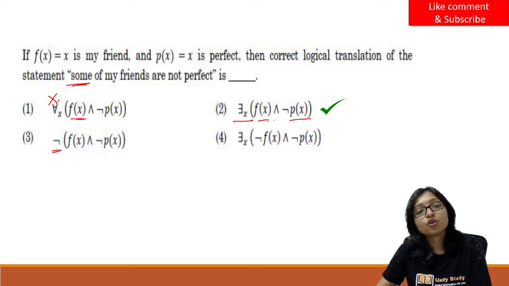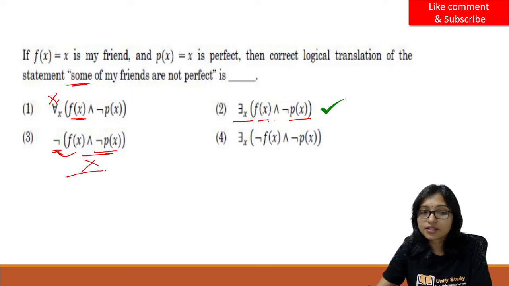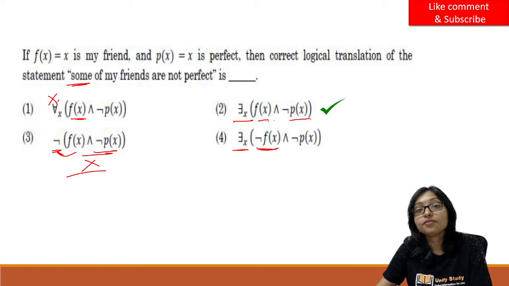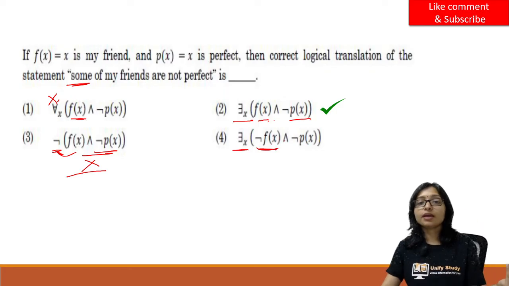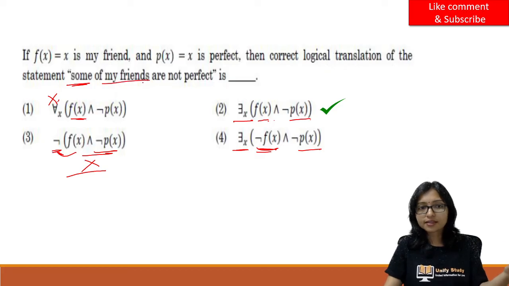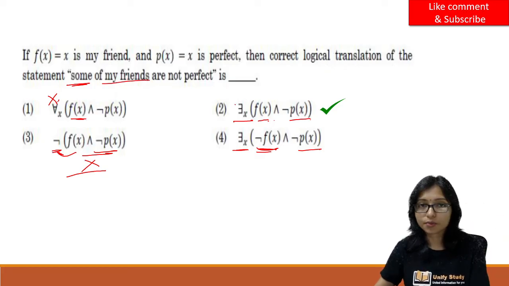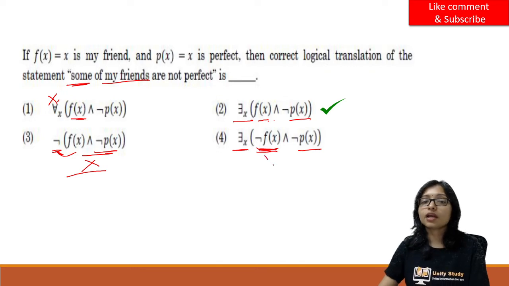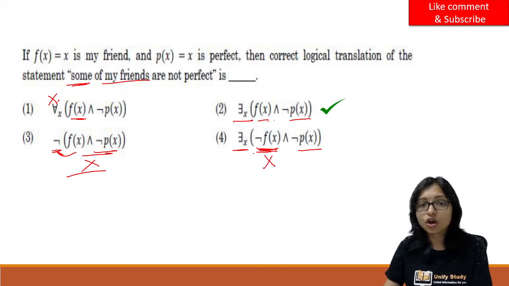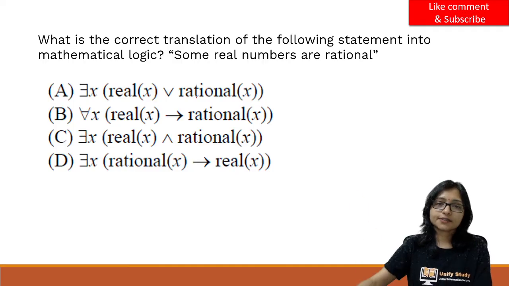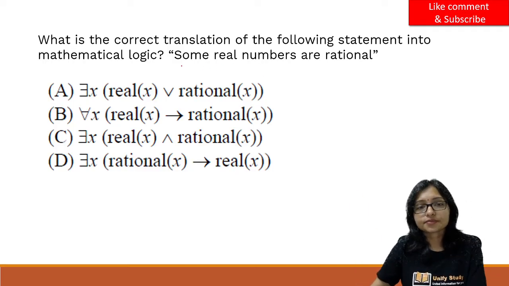Here I am telling not, here is no x. X should be compared with the domain, and this predicate is totally wrong. Here I am telling there exists, they are not my friend. The person has to be my friend. They are not my friend and not perfect. This is not implying this. The person is my friend, then only I can say it's not perfect. It is not my friend, how is it possible? That's why this is wrong. Got it. Now do this.